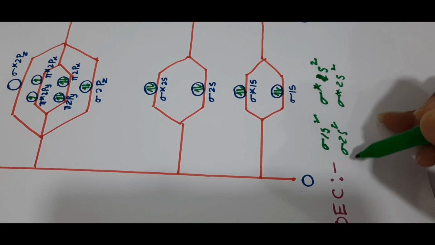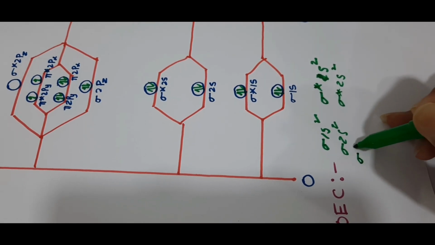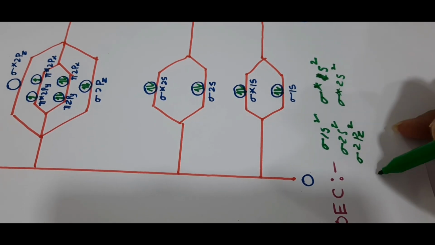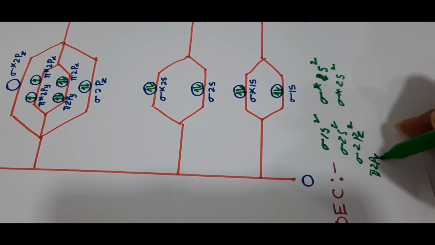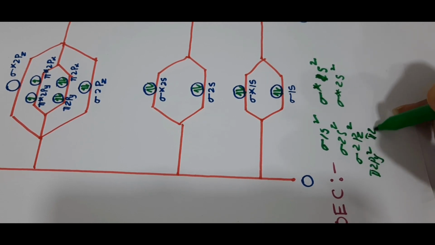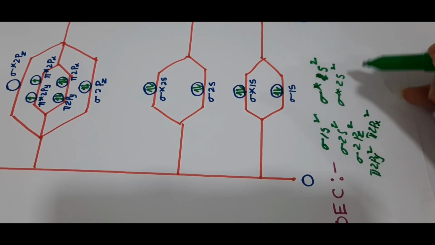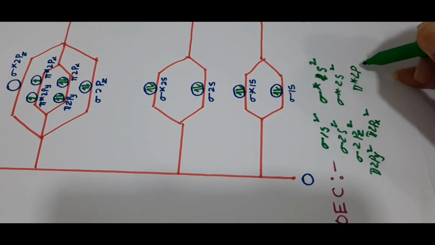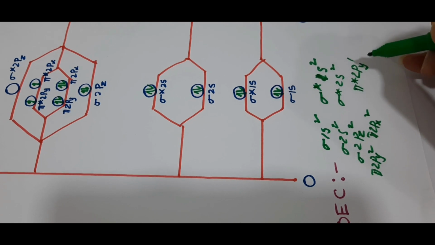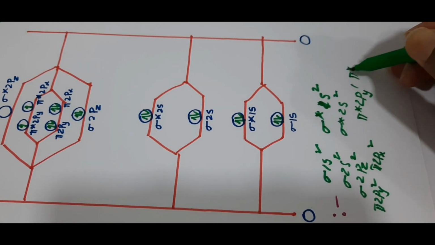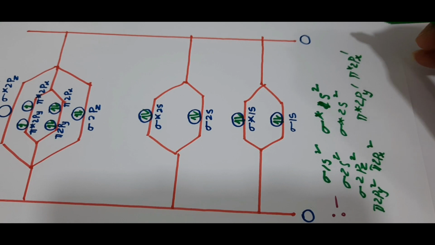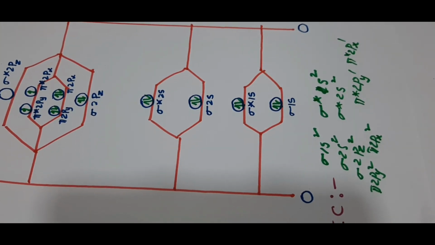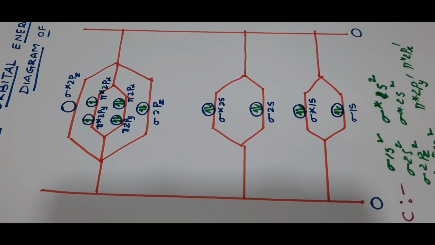And then sigma 2pz has 2 electrons, and pi 2py has 2 electrons, pi 2px has 2 electrons, and pi star 2py has 1 electron, and pi star 2px has 1 electron. This is the molecular orbital electronic configuration for this diagram.